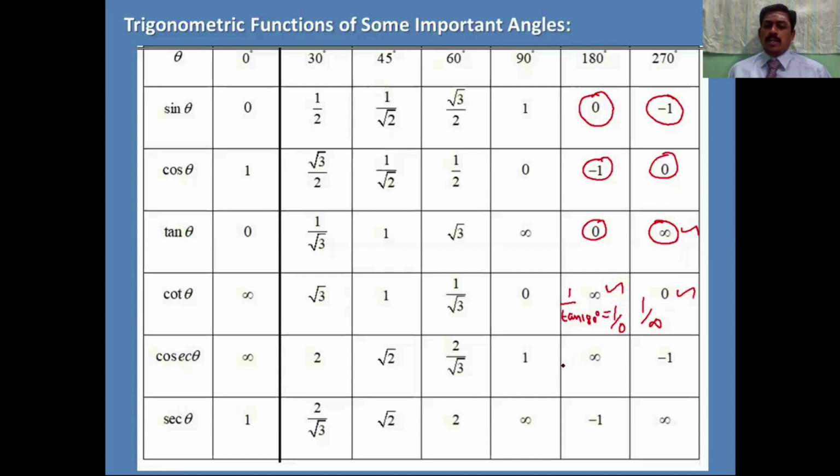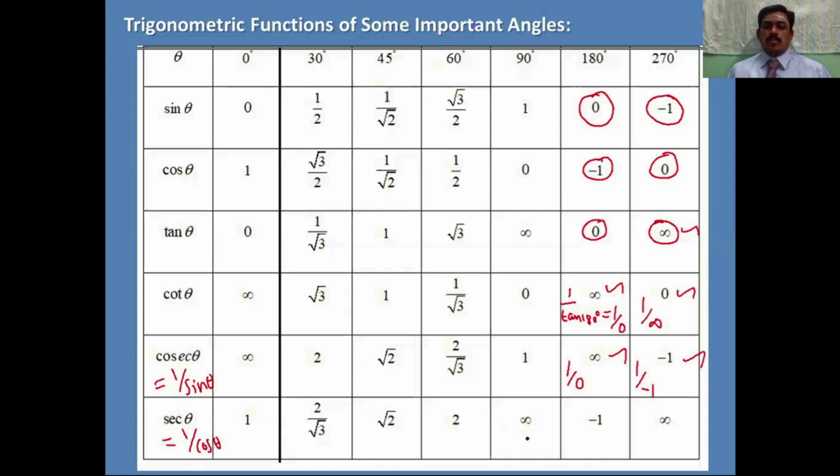Similarly, as we have already seen, cosecant can be written as 1 by sine. So here 1 by sine 180 is 0, and 1 by 0 is infinity. Here 1 by minus 1 is minus 1. Secant can be written as 1 by cos theta.